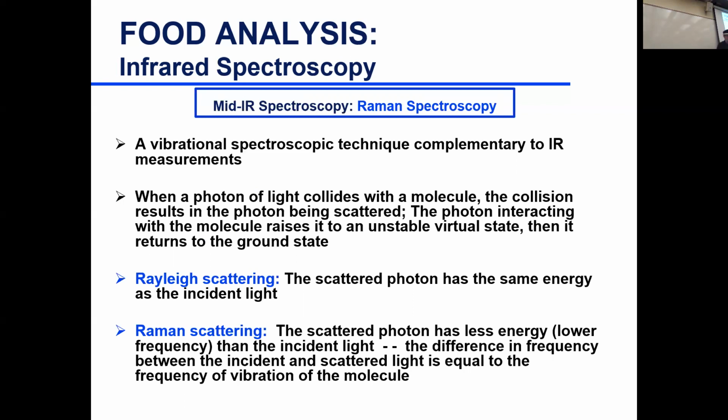So when the light hits the sample, the light can be scattered. If we're measuring the light scattered by Rayleigh scattering, the one thing you want to remember is that the scattered light has the same energy as the incident beam. So same energy.